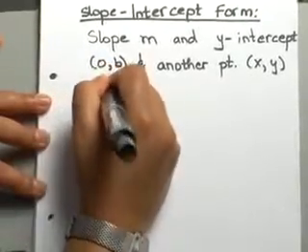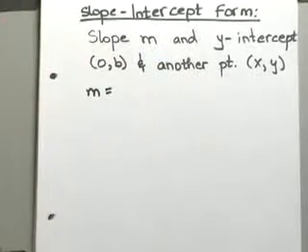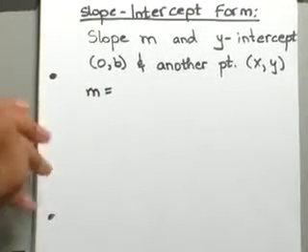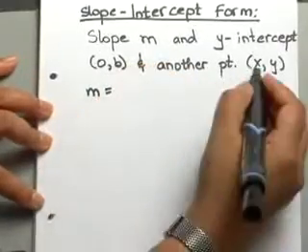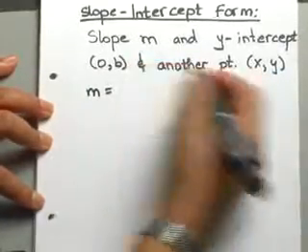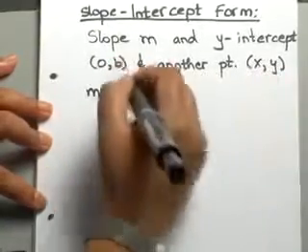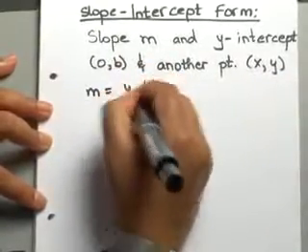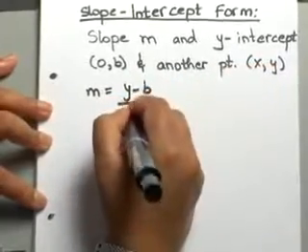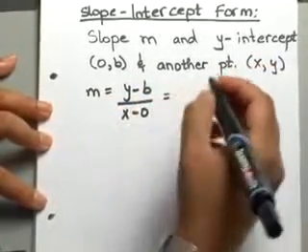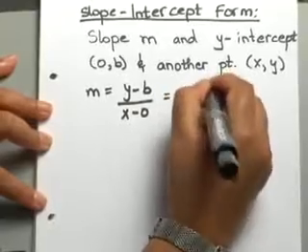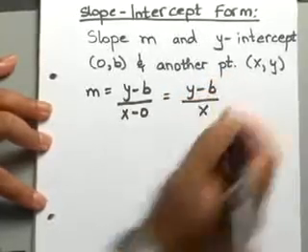If you remember, our slope formula is y2 minus y1 over x2 minus x1. So we will use these 2 points as our 2 points on the line. So you have y minus b, that's your y2 minus y1, over x minus 0, which will of course give you y minus b over x.